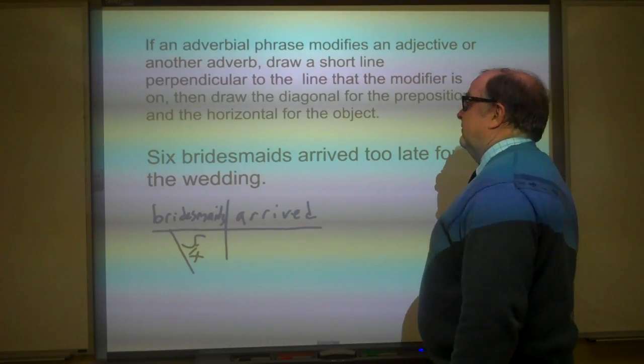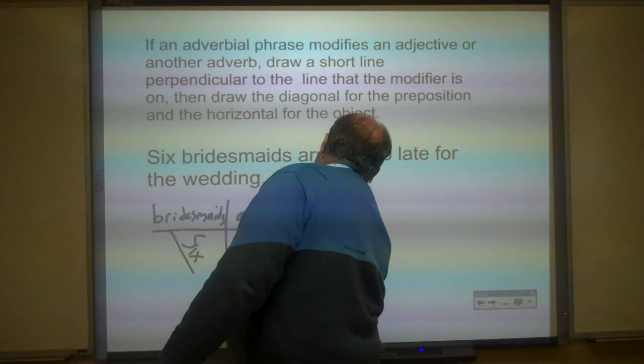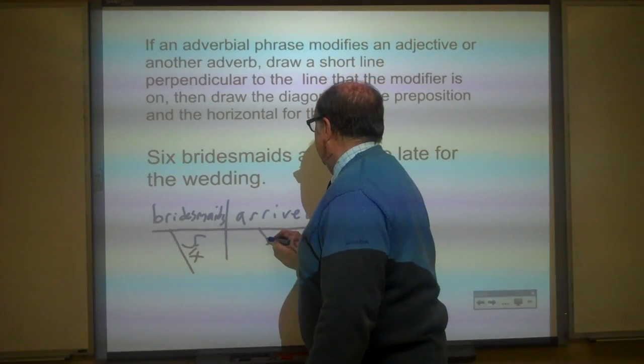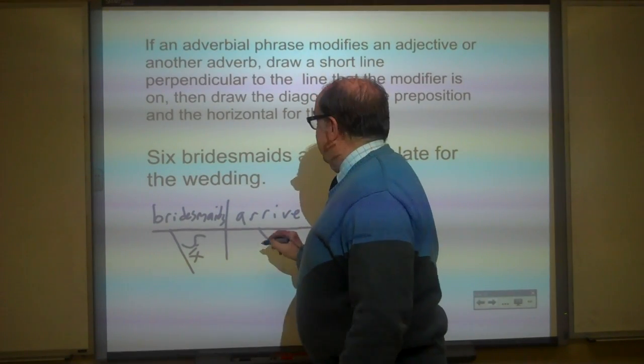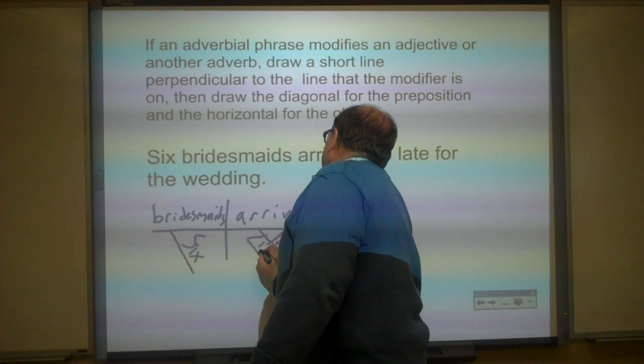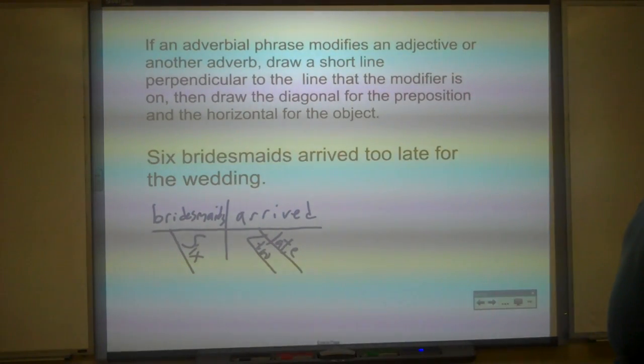Too late for the wedding. So they arrived late. And remember, too is an adverb modifying late. Remember how we do that? It can be perpendicular, it can be horizontal, the other line doesn't really make much difference.